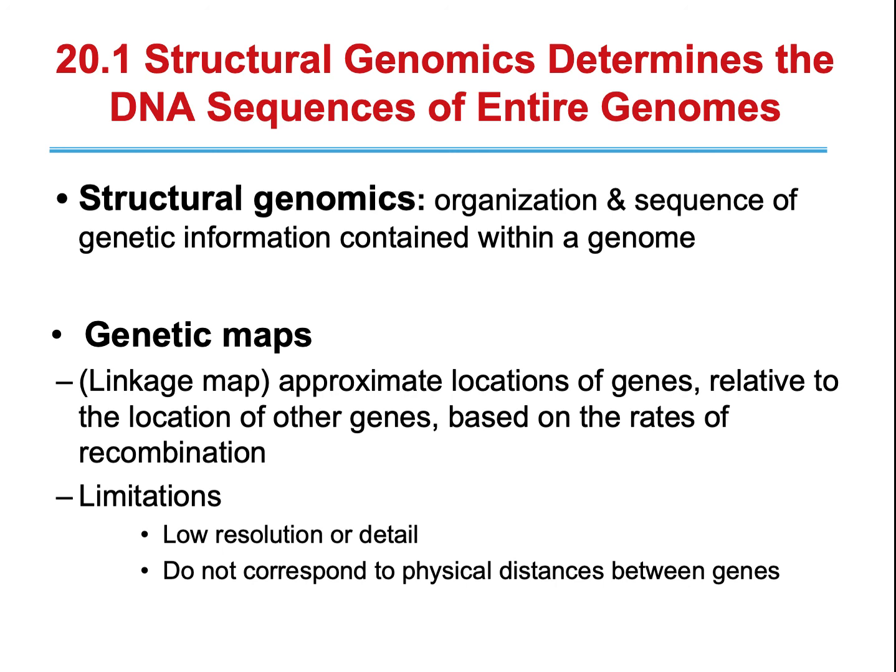For linked genes, the rate of recombination is proportional to the physical distance between the loci. Distances on genetic maps are measured in recombination frequencies known as centimorgans or map units. Data from multiple 2-point or 3-point crosses can be integrated into linkage maps for whole chromosomes.